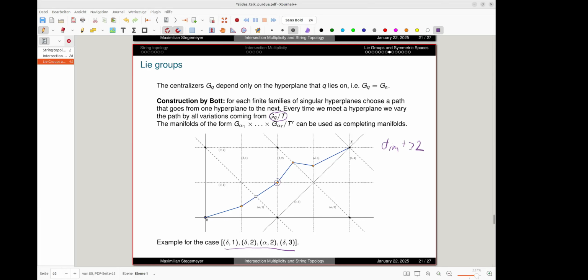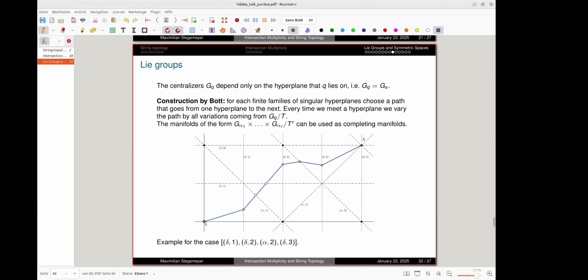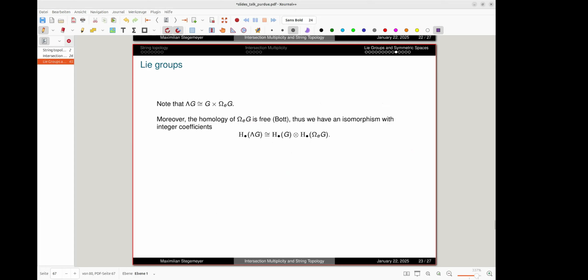This is where several hyperplanes meet, but we are allowed to move this along the hyperplane delta 2, so we can move it away from this intersection. Then this path is also possible to use for this completing manifold business. We remove this lattice point here, and correspondingly the curves in the Lie group, in the image of the cycle, the loops, have no base point self-intersections anymore. And so then we get the following.